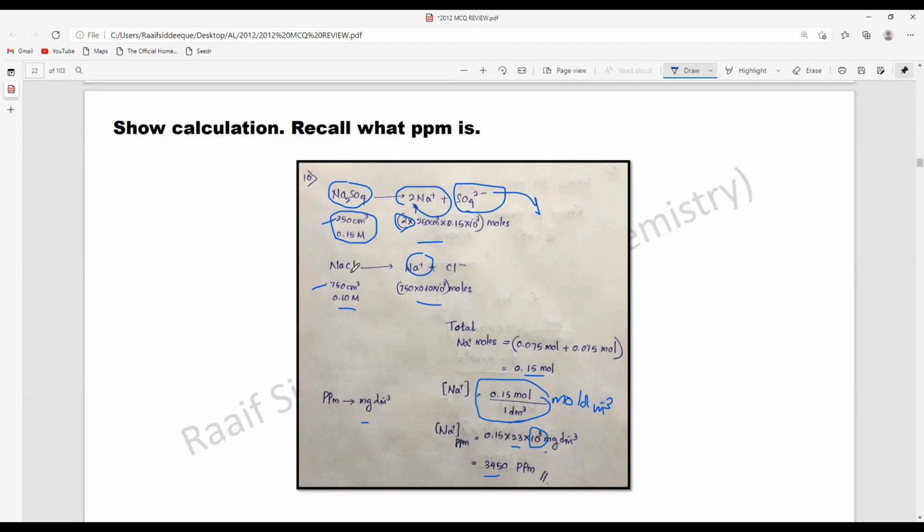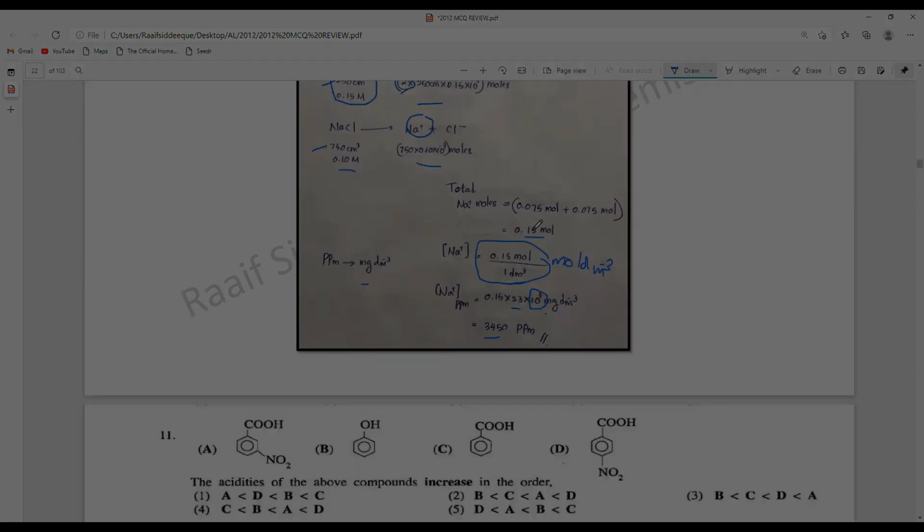The only thing that will happen is the sulfate that is given by Na2SO4 will be diluted up to 1 decimeter. The concentration will be a little lower. That's all. Then you can multiply the concentration by the molecular weight of sulfate to get the ppm level. That's all. I hope this is clear.